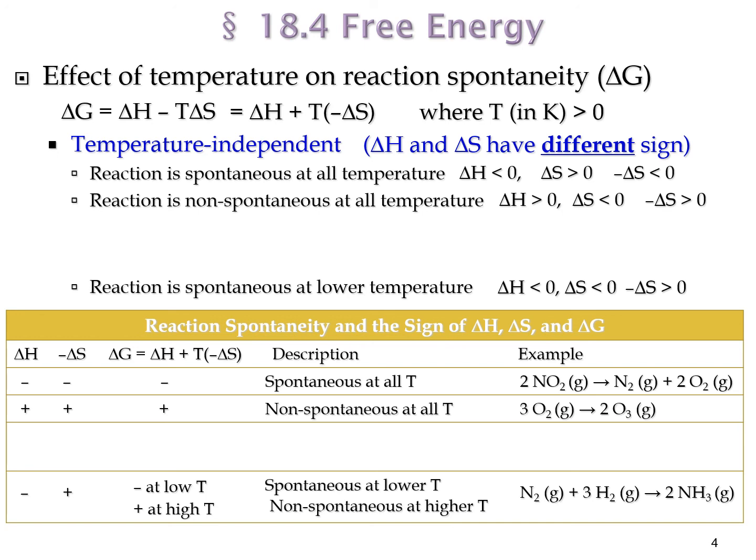Suddenly, the same process that used to be spontaneous becomes non-spontaneous if temperature goes up. So we have an interesting process. This process actually is dependent on the temperature. A very good example would be the mass production of ammonia.